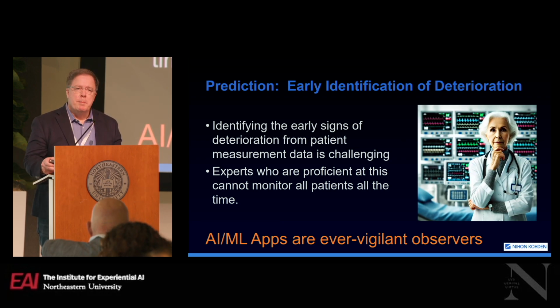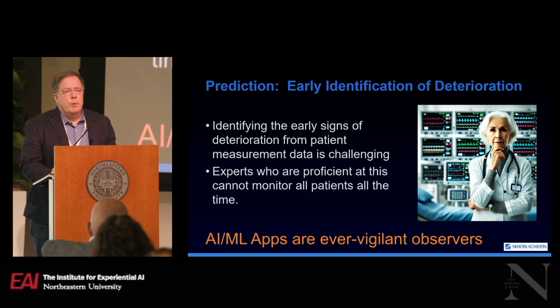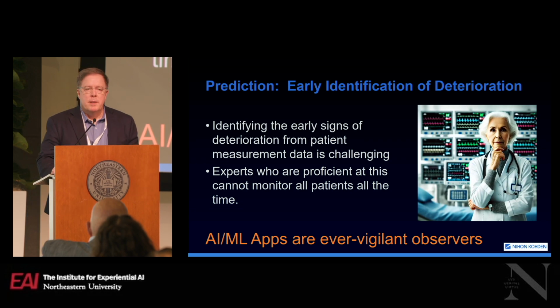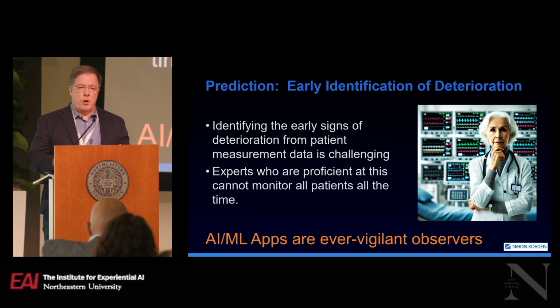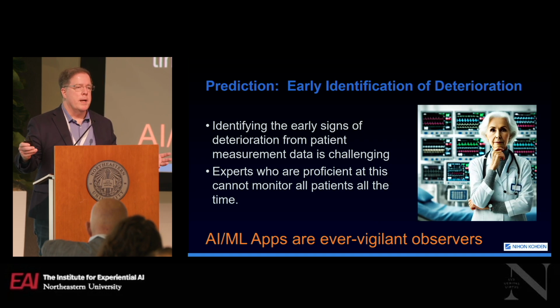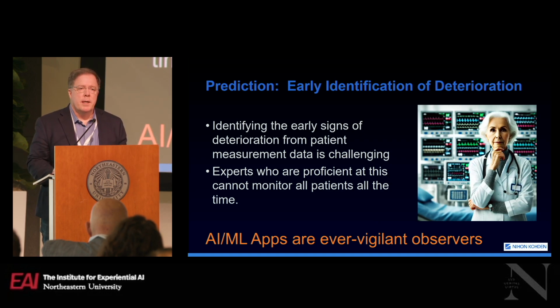Now, what do I mean by prediction of events? We want to be able to tell clinicians something that they don't already know. If a clinician has already recognized, based upon vital signs that are way out of range, oh, my patient's deteriorating, it's not going to be helpful to say, I've got a prediction, it's very likely that your patient is deteriorating and an event is going to happen.